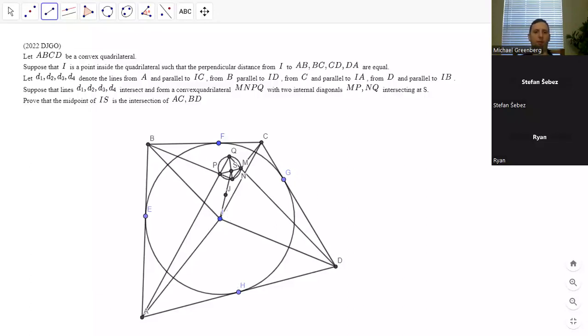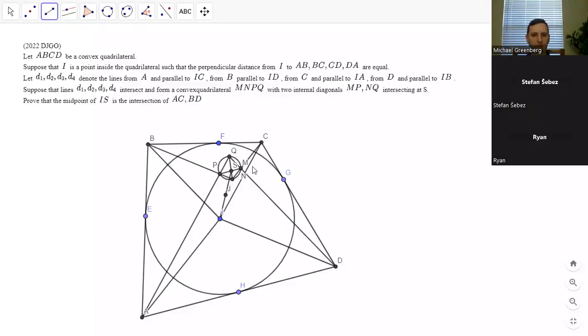Just have to use that as the midpoint. Yeah, two similar quadrilaterals, and S and J correspond. But it's not like one's homothetic to the other.